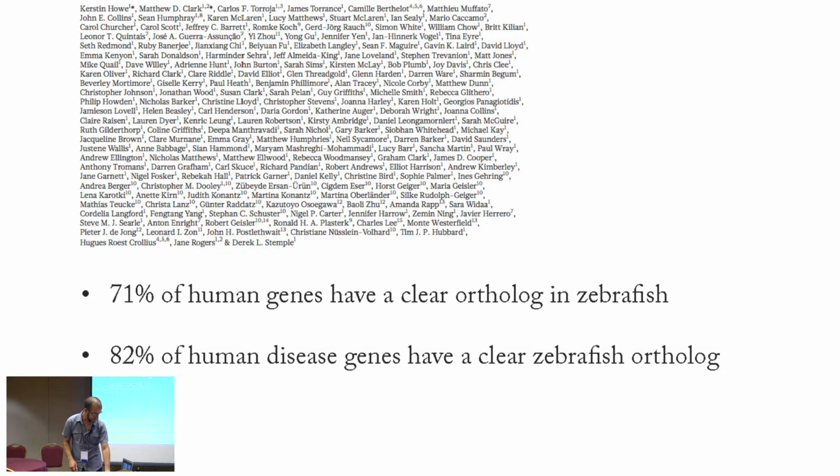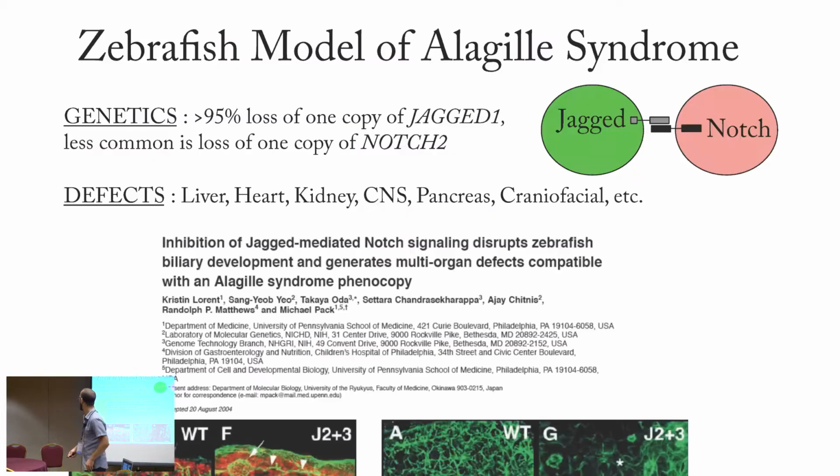So the first work trying to model Alagille syndrome in zebrafish was actually done by Michael Pack. He's at Children's Hospital of Philadelphia, which I'm sure you're all familiar with from the work of Nancy Spinner and others who come to this meeting. At the time, this was before we could really make genetic mutants very easily.